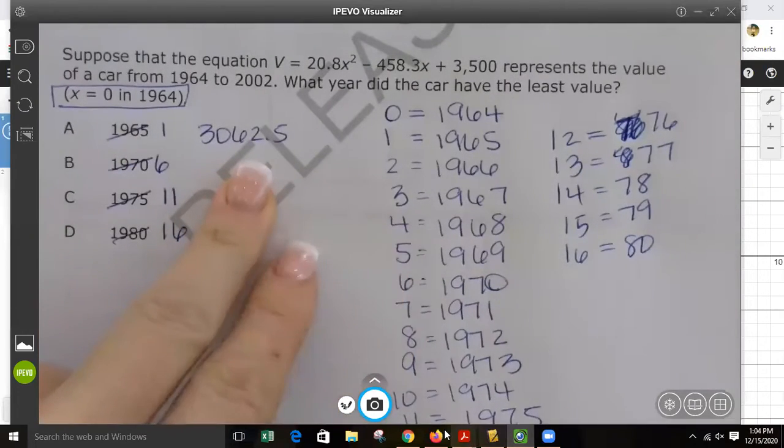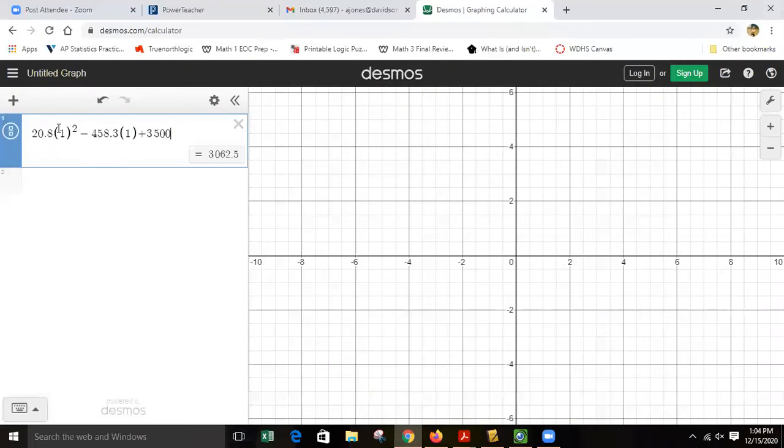When we go back here, I'm going to change this to a 6. So the ones will go to a 6. And this value is 1499, which is smaller. So we can go ahead and mark A out because we want the least value. Now I'm going to change the 6 to an 11. This is easier to manipulate than it would be in the calculator.